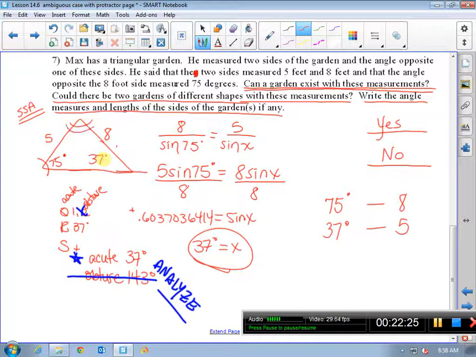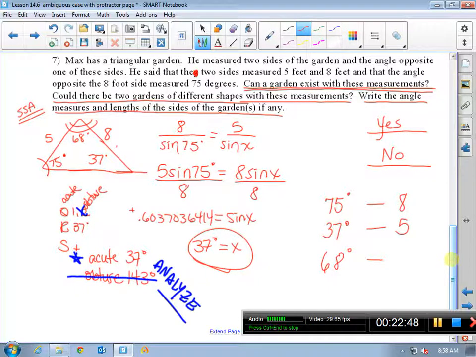And can you find this angle up here? 75 and 37 leaves you with 68 degrees. And the side across from that is? How are we going to find the side across from that? So now you have some choices.